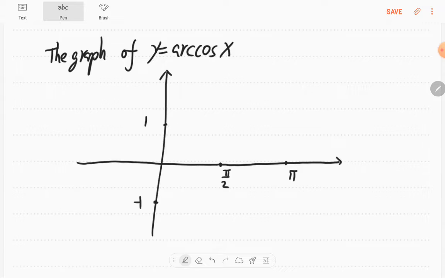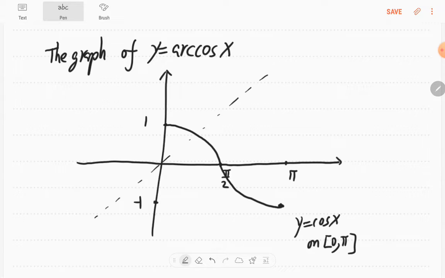So the curve will look like this one. So we draw the cosine curve first. This is the cosine function, y equals cosine x on the interval from 0 to pi. Then we have the line y equals x.